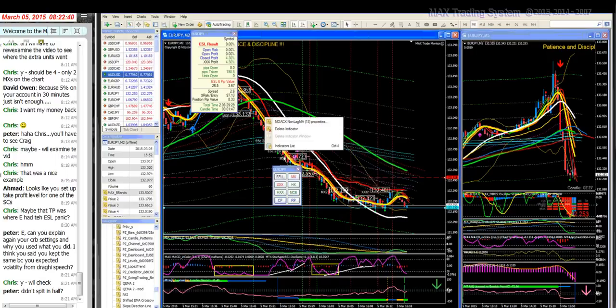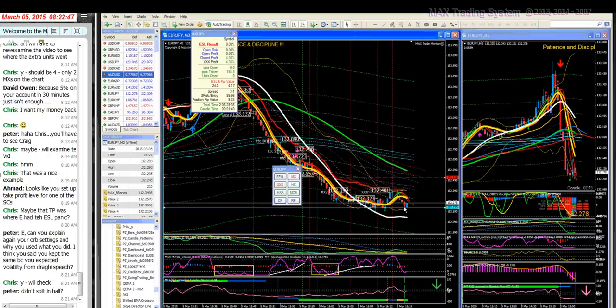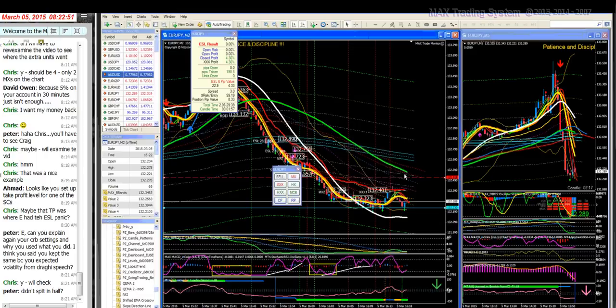And of course 32 and 96 respectively for the white and the green line. In order to have more reactive ETF lines, with more volatility, if we have more volatility in the price movement, the price will move faster than usual, and even the ETF line may be too late. So I prefer to use a smaller period to have them more reactive.